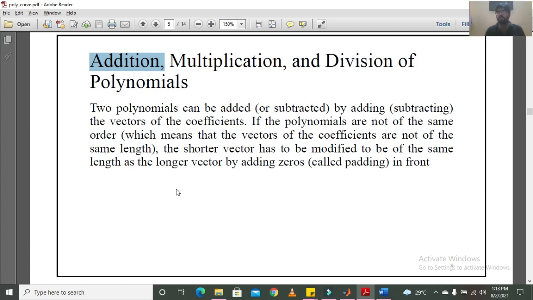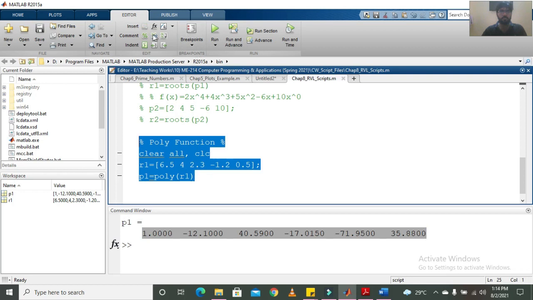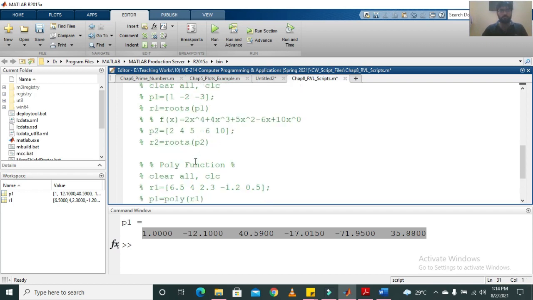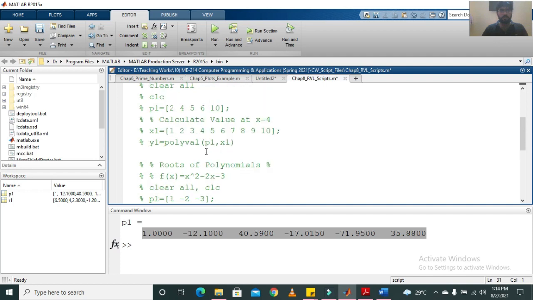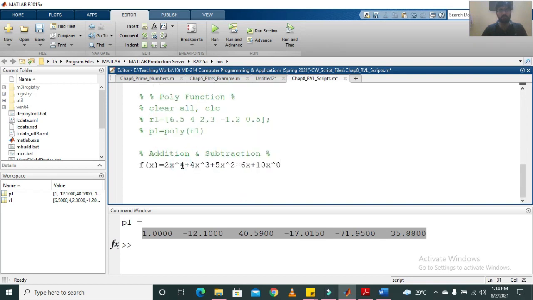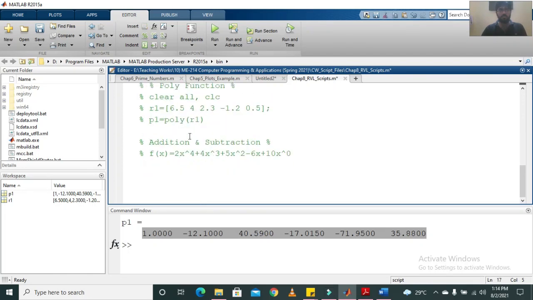For example, I have two polynomials. Let's say this is my first polynomial, and let's say this is my second polynomial.